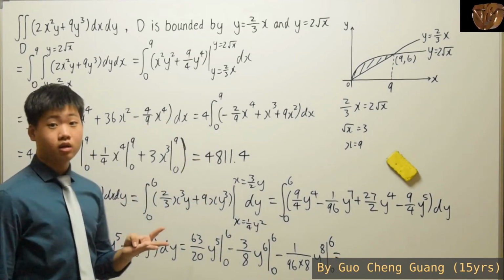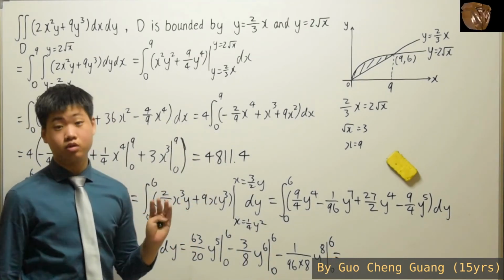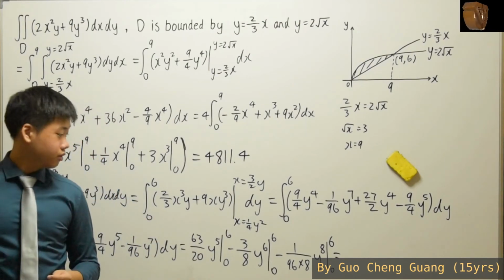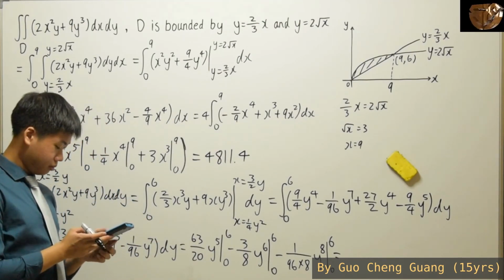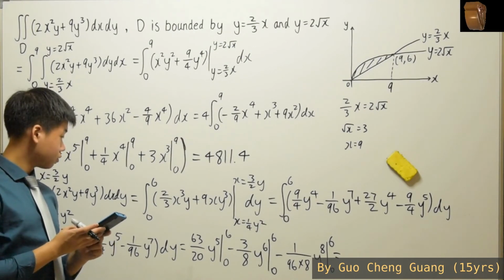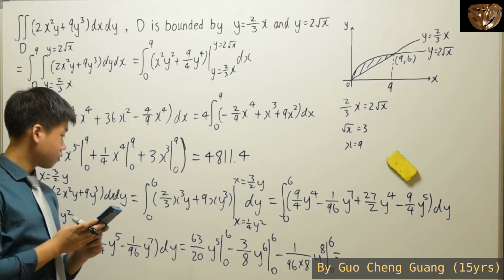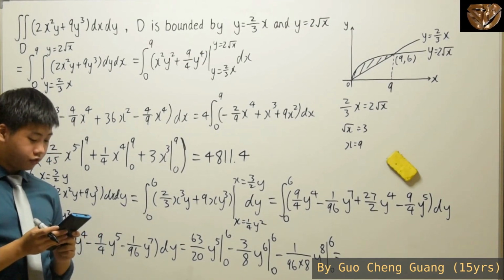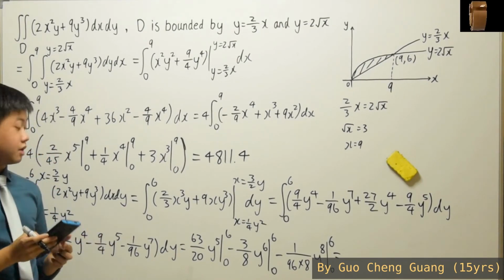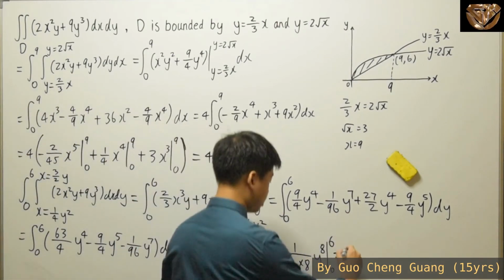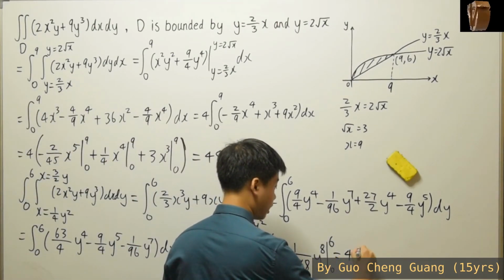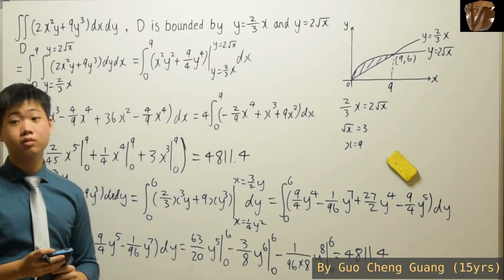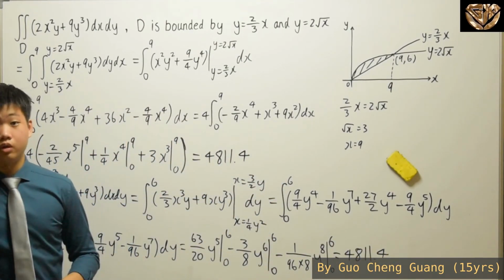And once again, you can choose to use a calculator in order to solve this part. So when you input everything, you will get your answer of, well, basically the same thing as before, which is 4,811.4. Alright, so this is what you're going to see.